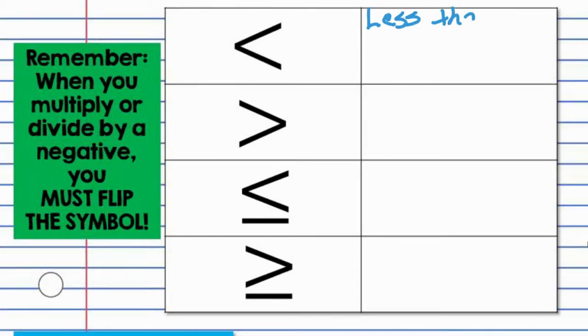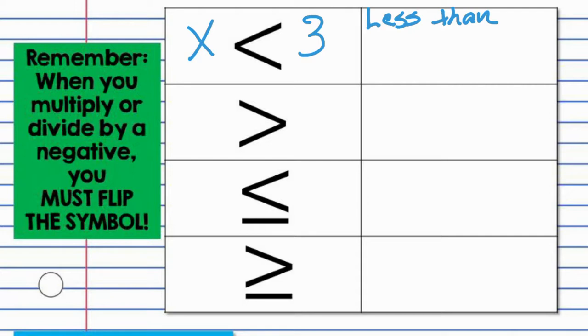It's like saying, we usually have our variable first, x less than, let's just pick a number, 3. If x is less than 3, that's how we would read it. You can read them both ways, actually. Sometimes you have your variable on the other side, and you could still read it from that direction. You really just start with your variable and read them that way, but we'll talk about that a little more too. So this is less than.